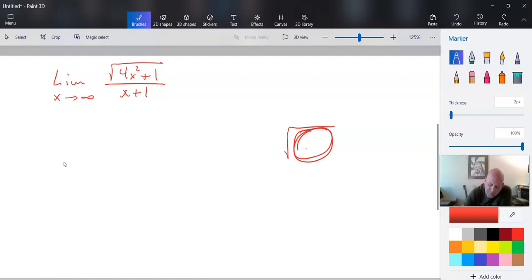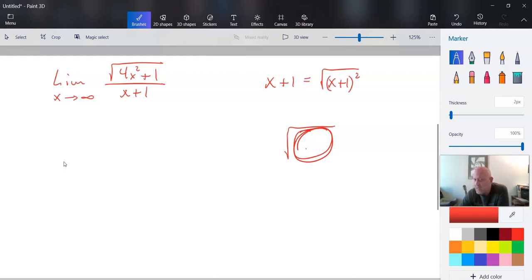Okay, one of the things that you can do if you have an absolute value, and actually you can do this with almost anything, I don't have to limit it to an absolute value necessarily, but if I have x plus 1 by itself, I can rewrite this as the square root of x plus 1 squared, right?